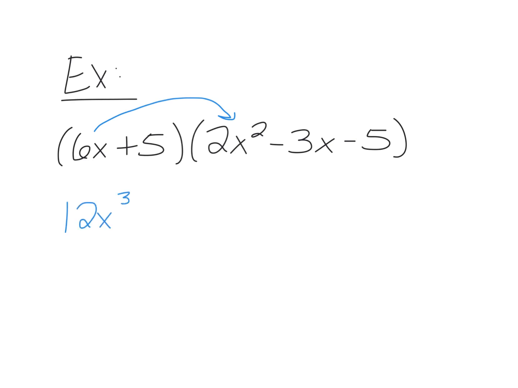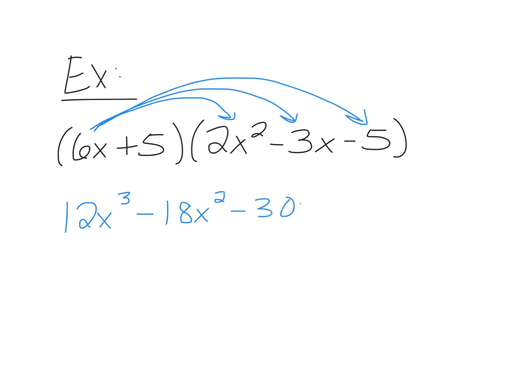Yep, good. Now what do I multiply? 6x times negative 3x. What's my new exponent? 2. Yep. And then what do I do next? 6x times negative 5, we get negative 30x. So same thing as what we were doing before, you just have an extra term to take it to.